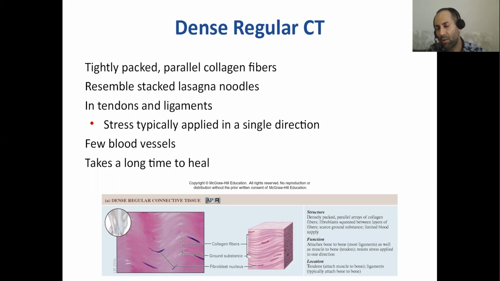And this type of dense regular connective tissue is avascular. There's not a good blood supply. It's richly innervated, so it's very sensitive, but it's not rich in blood supply. And that's why they say it's better to break your bone than to get a sprain, right? Because sprains are basically tears in your ligaments, and they take forever to heal because they're non-vascular.